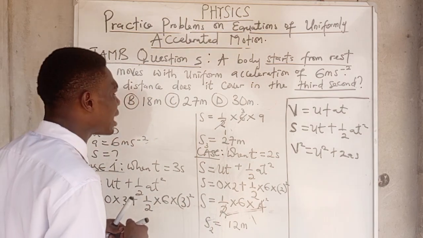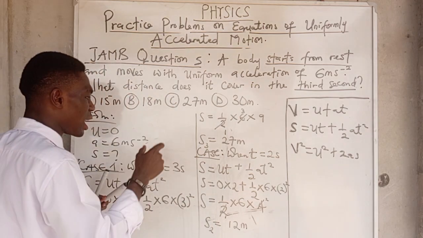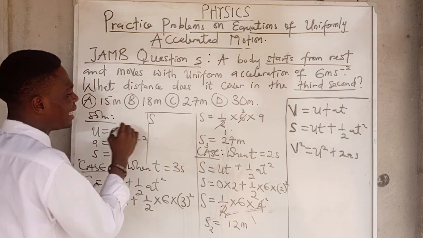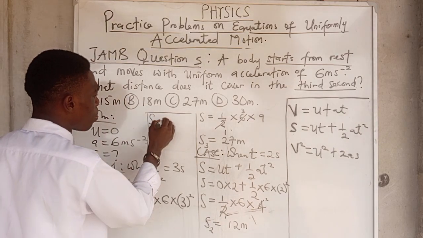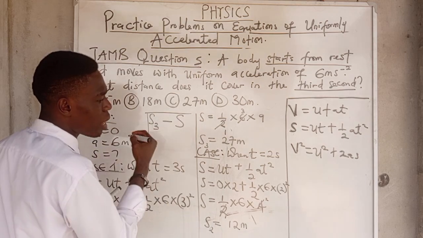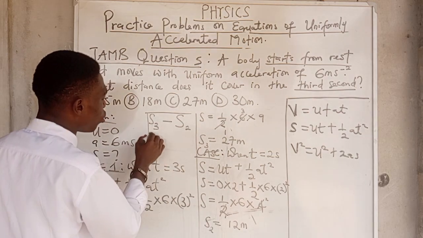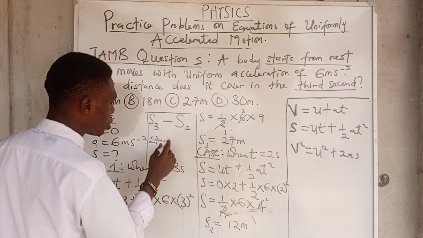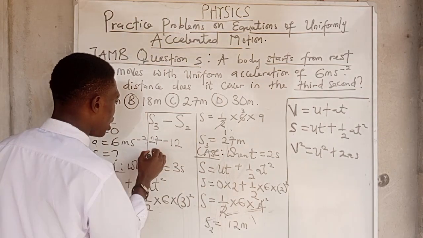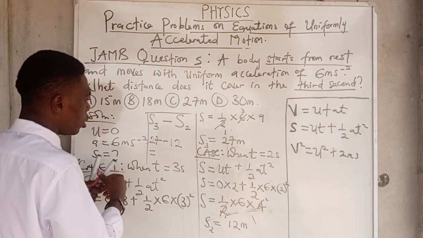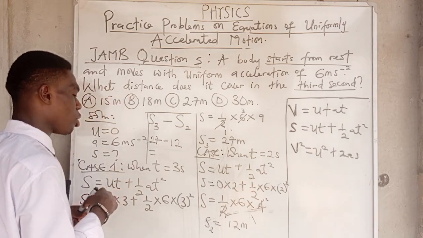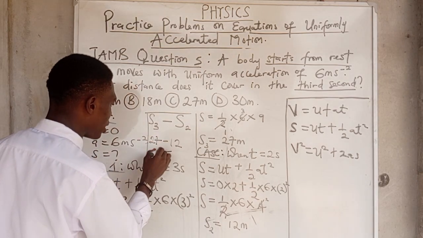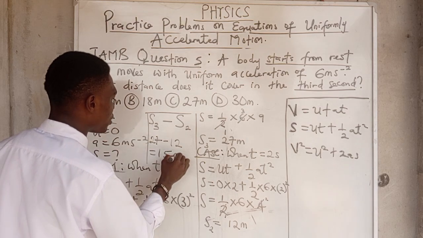So for us to get the distance covered in the 3rd second, we're just going to do distance covered when time was 3 seconds minus distance covered when time was 2 seconds. And obviously this is what, 27 minus, what is this? This is 12, and 27 minus 12, 7 minus 2, horizontal subtraction, 7 minus 2 is what, 5, and then 2 minus 1 is 1, and that's 15 meter.